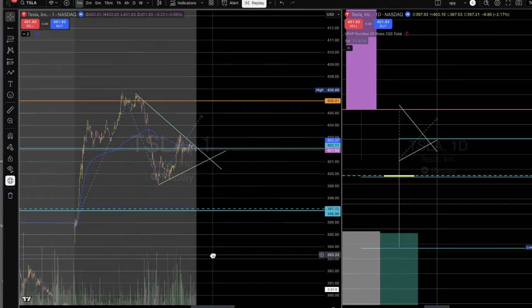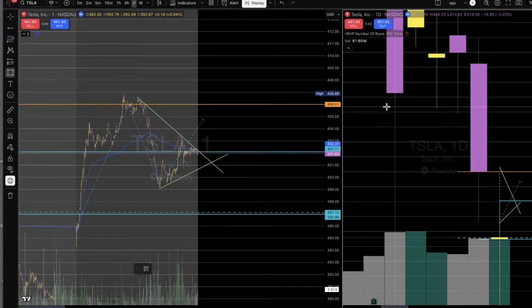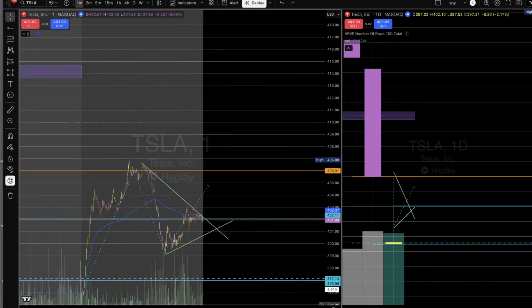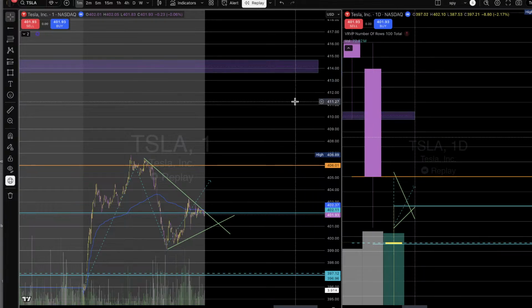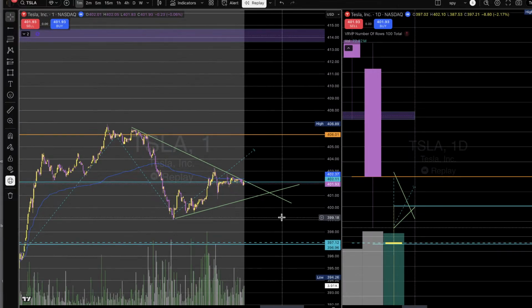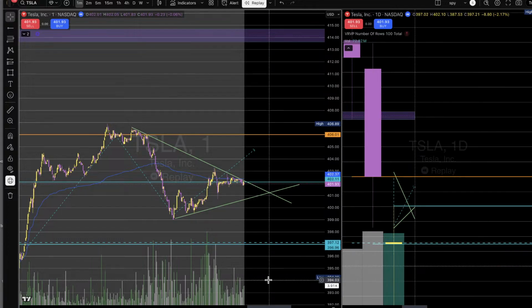I remember this one. Basically, the target would be this liquidity supply. So, how does this evolve?